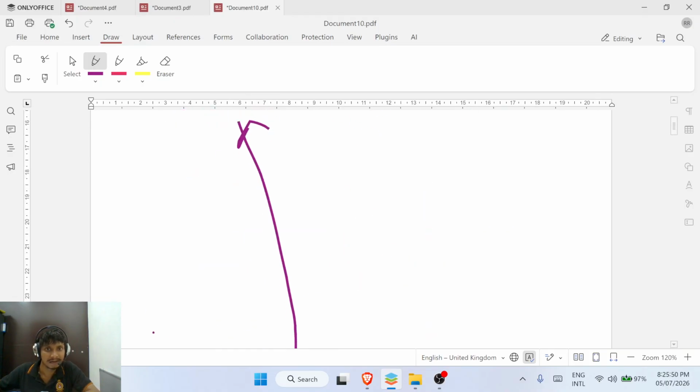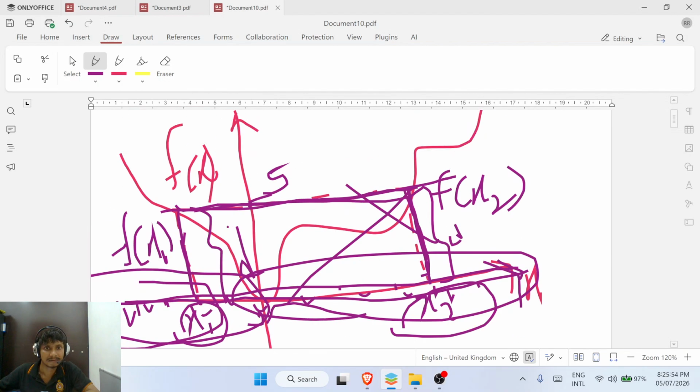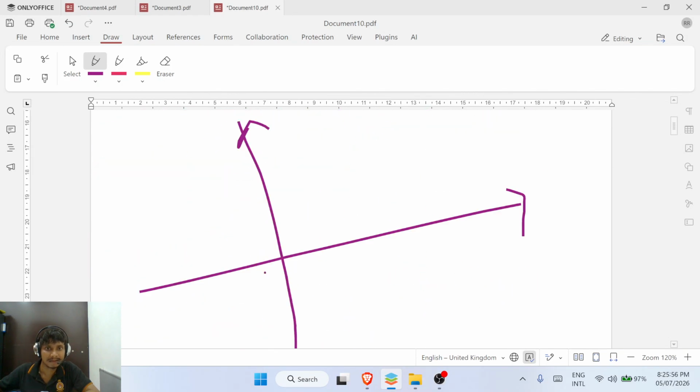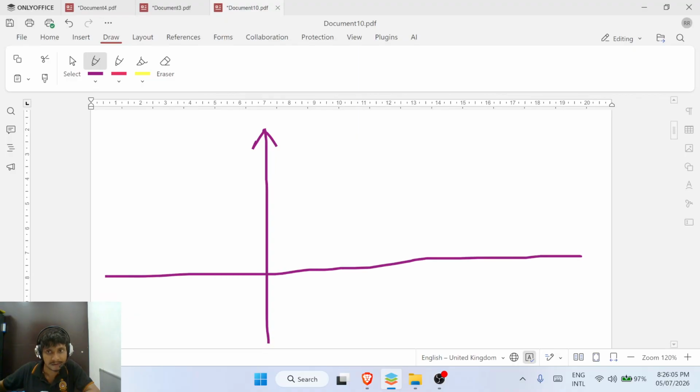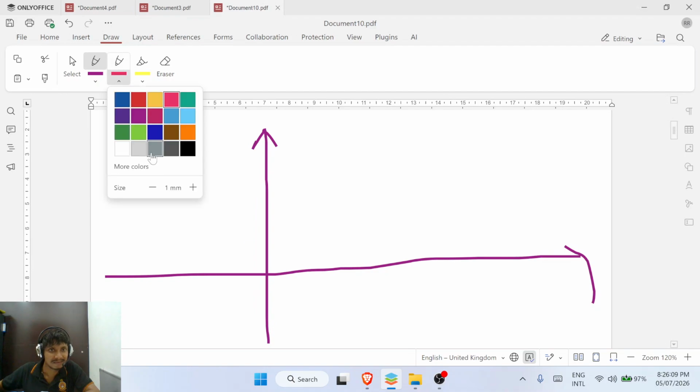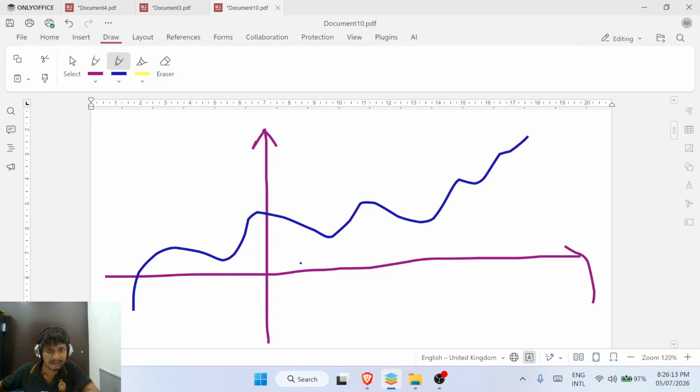Another example. This is another graph. Now I will write it neatly.